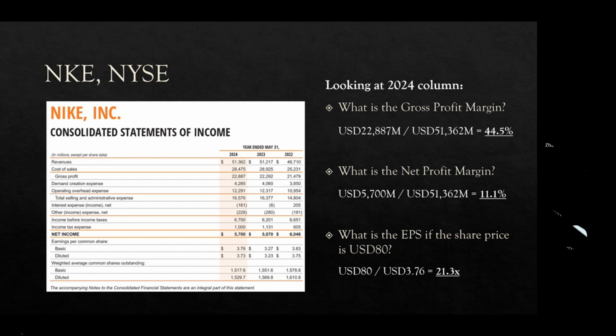But I will check Under Armour, or check other benchmarks. I will check Lululemon. I will check Adidas. That's called benchmarking. Then I can conclusively say that 21.3 is expensive. But of course, I need to check first. So this is how we should do fundamental analysis.